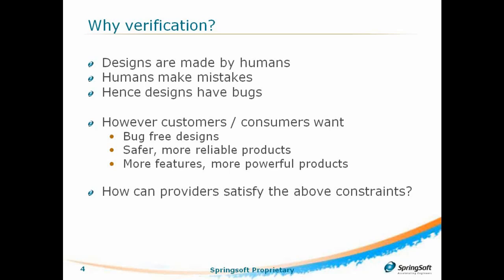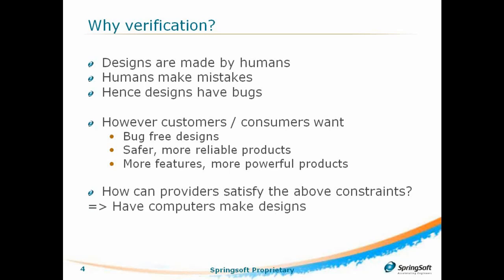However, customers or consumers want bug-free designs, safer, more reliable products, and of course, from generation to generation, there is a tendency, I'm not sure where it is coming from exactly, to add more features, more powerful products, and complexity increases. So how is it possible to satisfy those constraints?